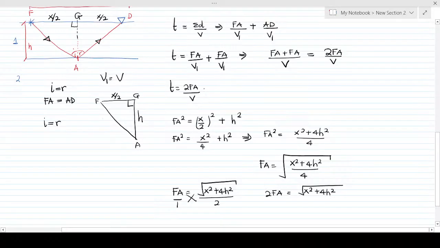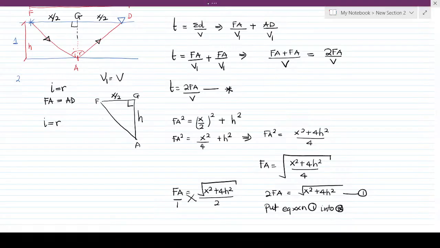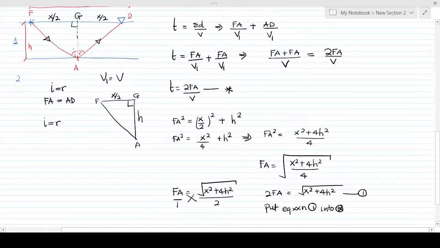With this equation that I have, let me call this equation star, and let me call this equation 1. I have an expression that is common to equation star and equation 1. So I can put equation 1 into star. Putting it inside here, we are getting close to our answer.